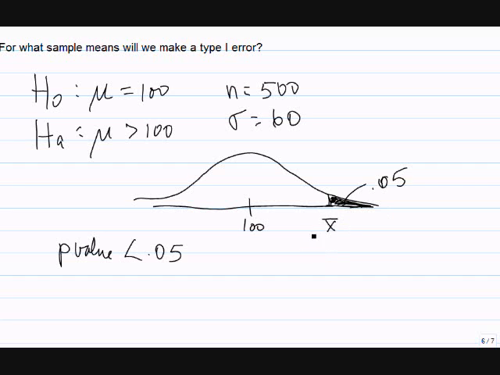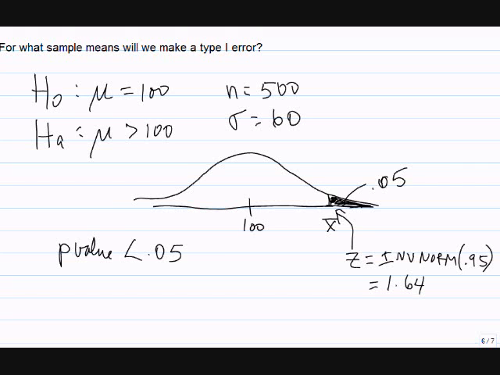So let's figure that out by getting a critical z for that point. For that, I'll do an inverse norm of 0.95, and I get 1.64.